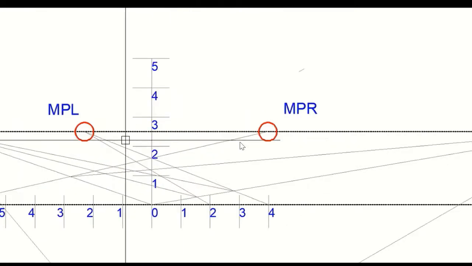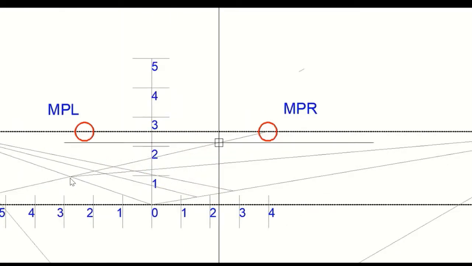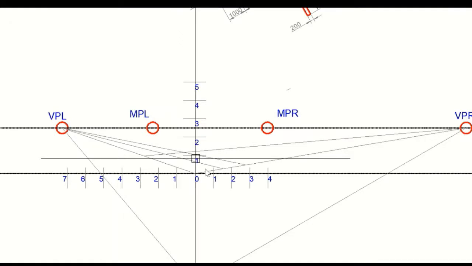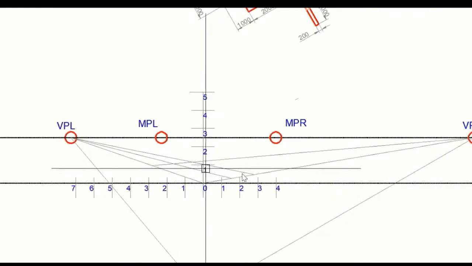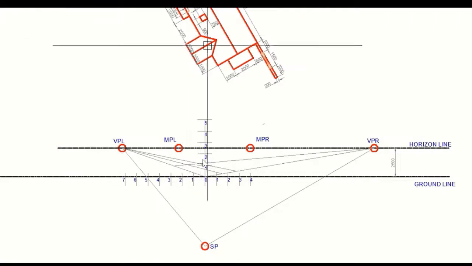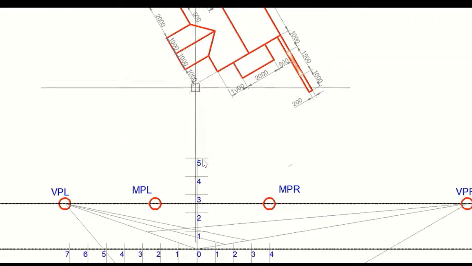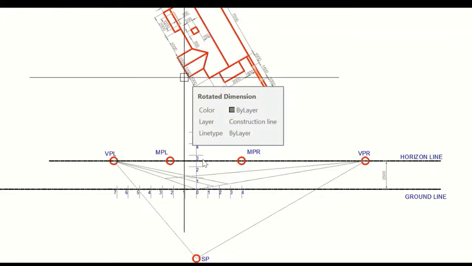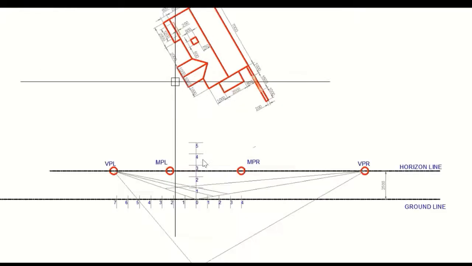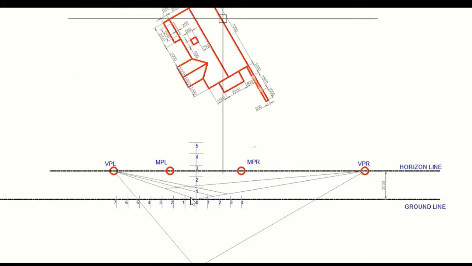Using measuring points, we have marked the 7 centimeter length here and the 4 centimeter length here. So we have created a plan. For any figure, if you are making a 1 point perspective or a 2 point perspective using the measuring point method or any shortcut method, we have to follow the grid and make the plan first.